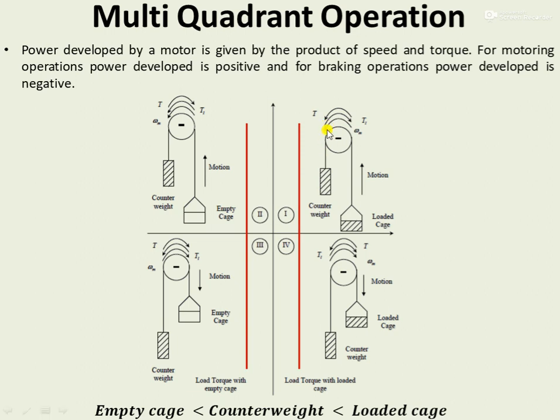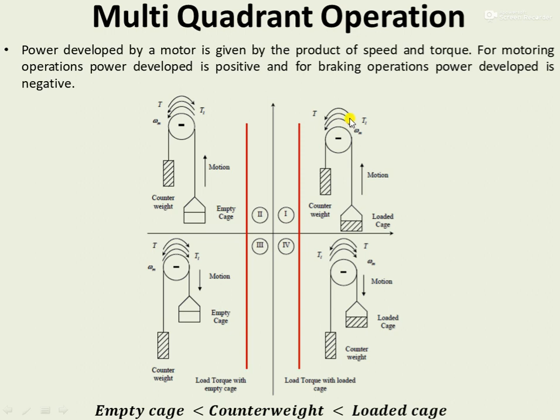So all of you might have a doubt, since this load torque is of opposite polarity, definitely it must be of negative value, but here it is indicated as a positive load torque one. How is that possible? As the motor torque in the counterclockwise direction is indicating the positive torque, the load torque which is opposite to the direction of the positive motor torque is indicating the positive load torque.